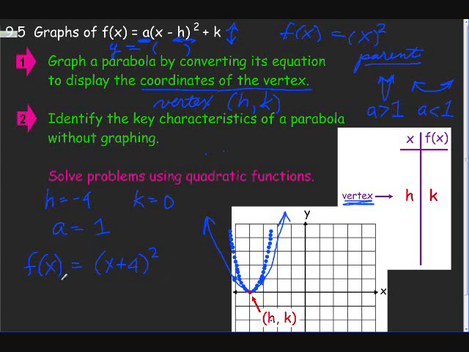And what is my k? 0. So with a quadratic which had its vertex at negative 4, 0, and this point here at negative 3, 1, I would be able to determine the equation.